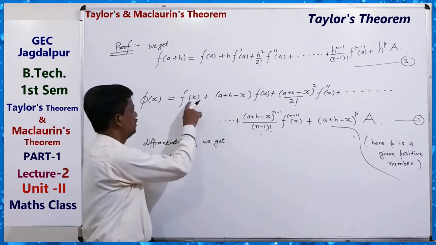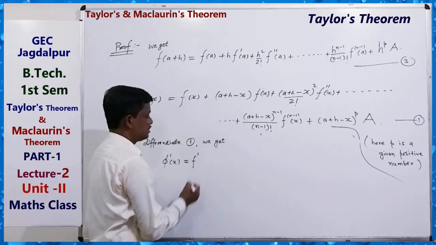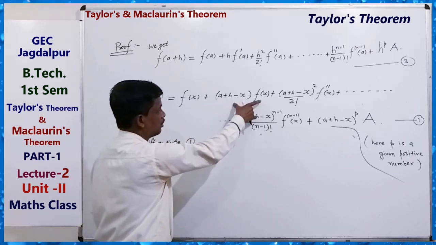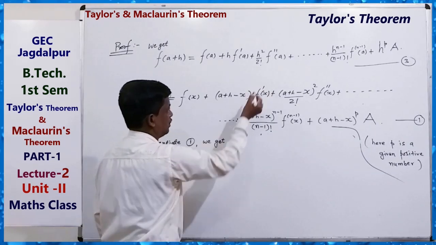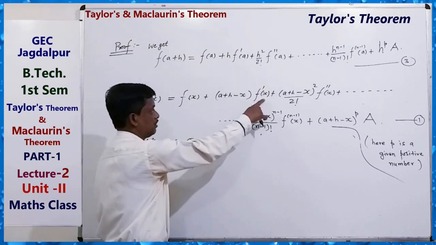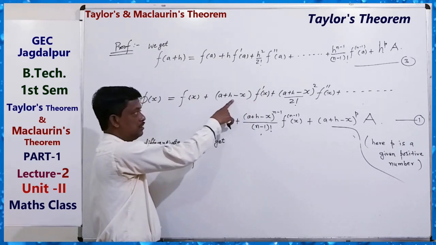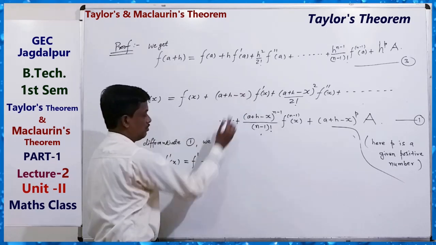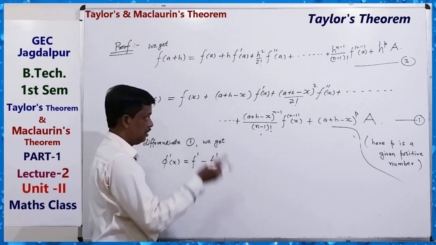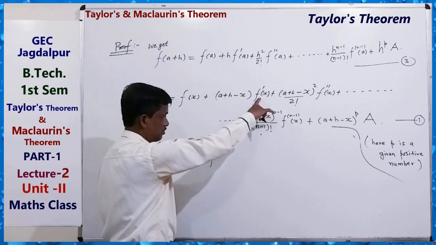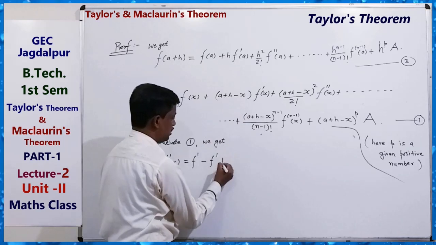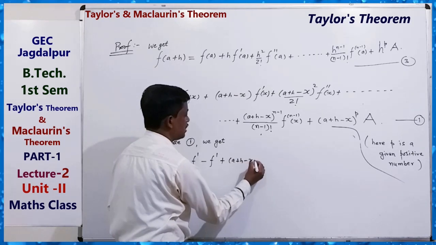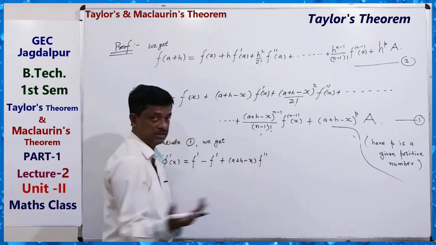Differentiate f dash: product of two functions, first function into derivative of second function, minus 1, minus second function into derivative of first, so plus (a plus h minus x) into f double dash.